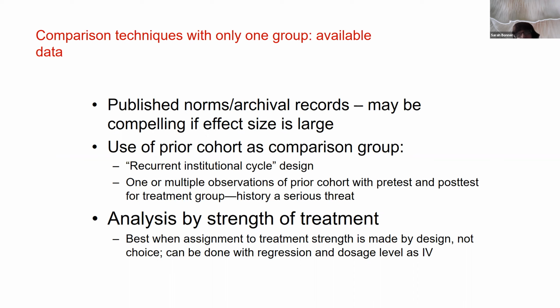But there are some quasi-esque things that you can do if you only have one group, which I will mention. So you may have published norms, you may have census data, you may have institutional data. And that would, in many cases, be a one sample z-test against a norm or against data from your institution. And that can be pretty compelling evidence.